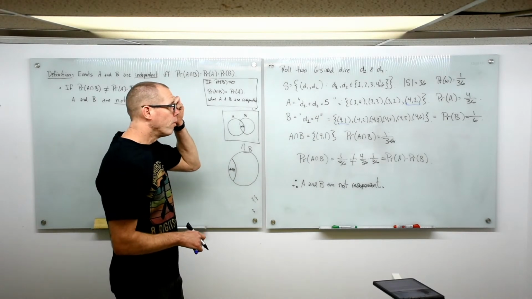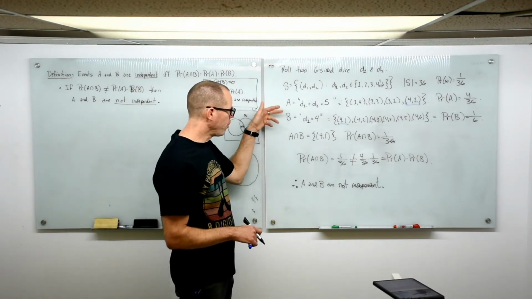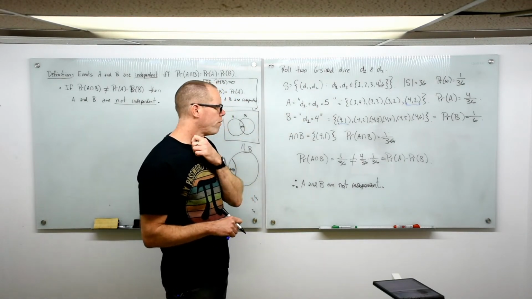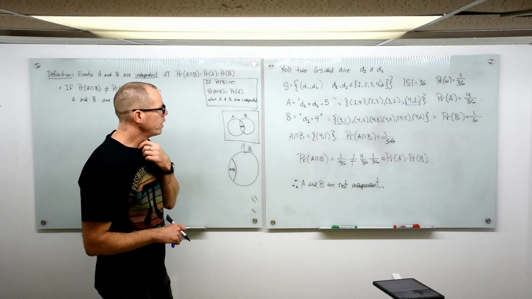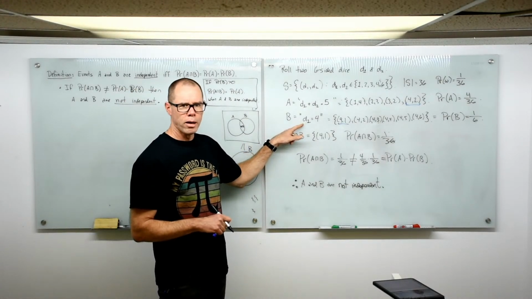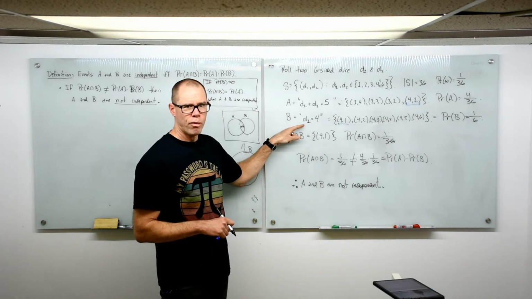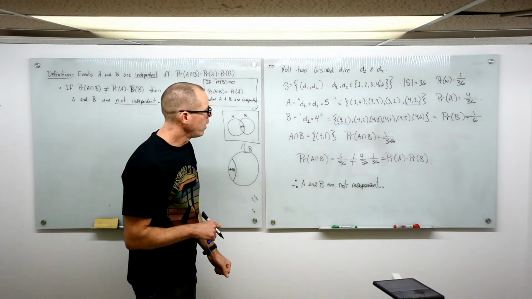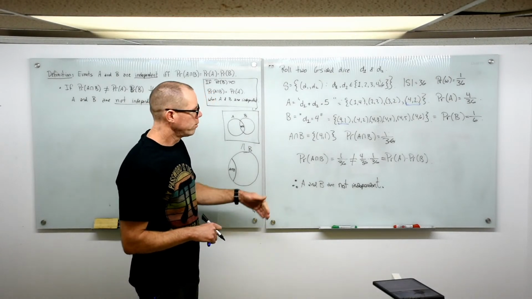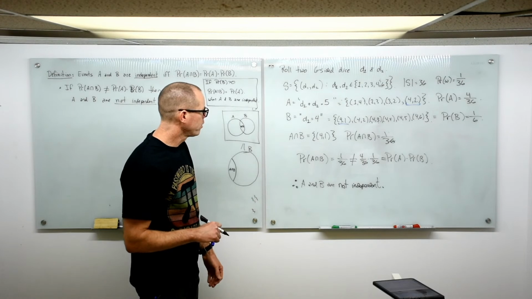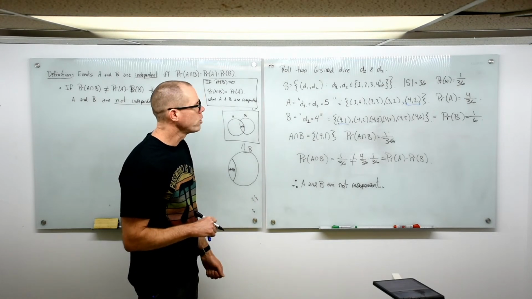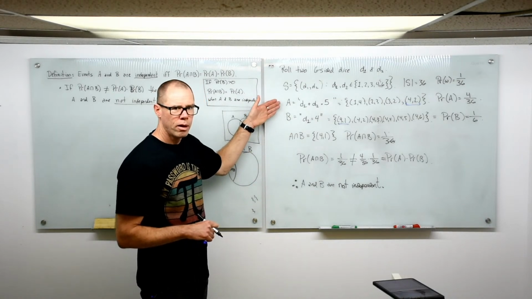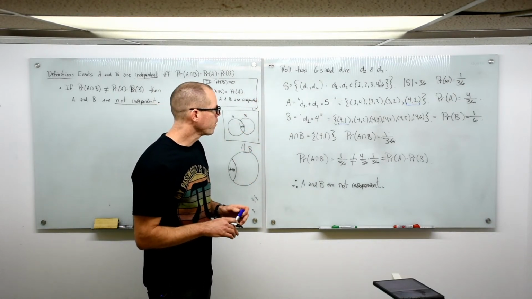We can intuitively guess that, because if I tell you that the sum is 5, that definitely means that D1 is not equal to 5 or 6, because otherwise the sum would have to be bigger than 5. And indeed it has an effect. So these two events are not independent.